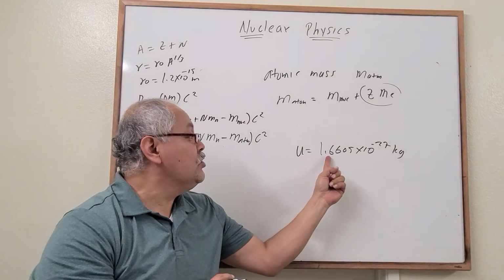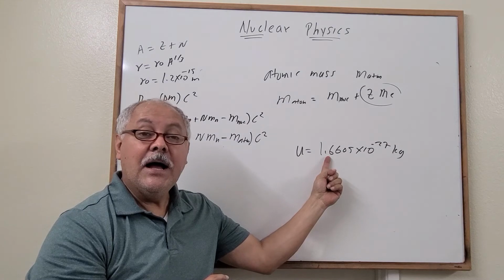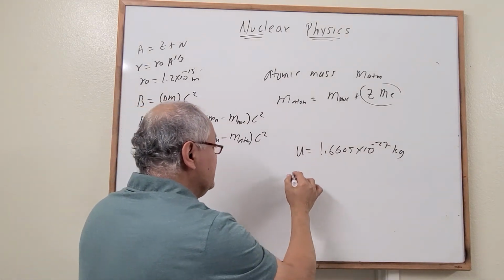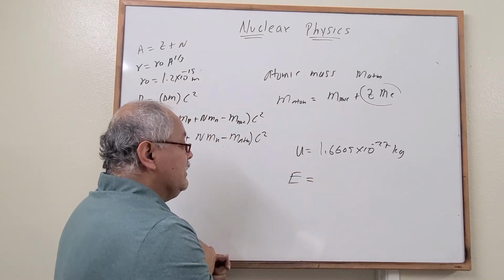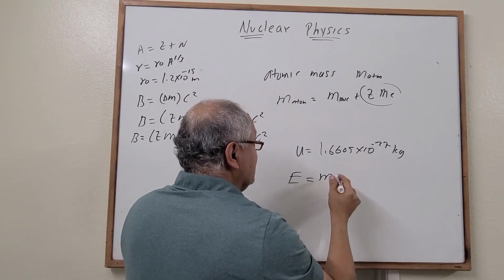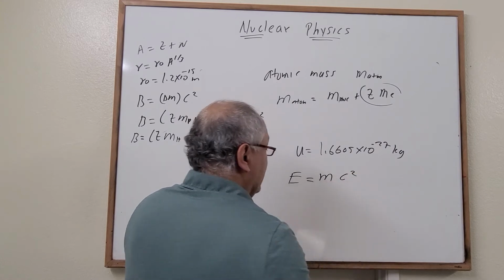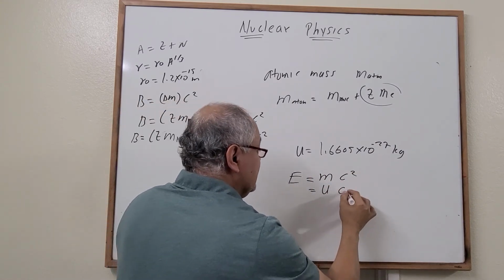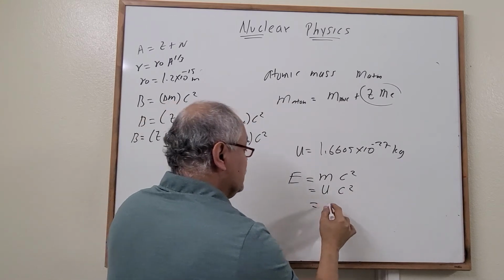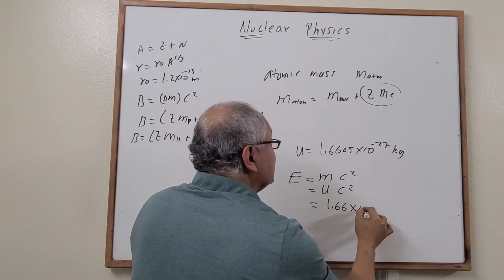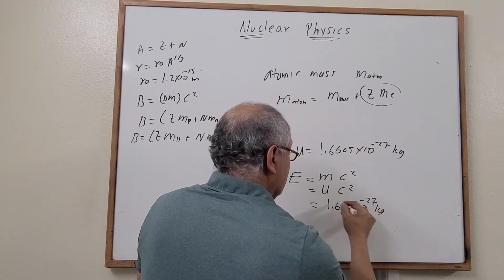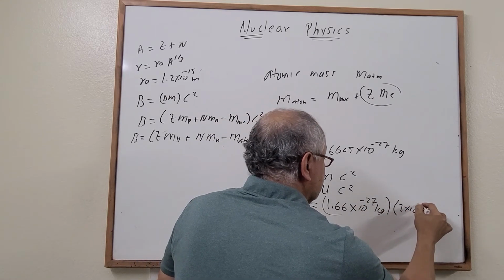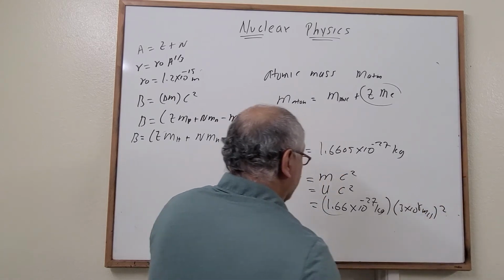Okay, now let's see the energy that is equivalent to converting this atomic mass unit into energy. Let's use this formula: the rest energy is equal to mass times the speed of light squared. In this case, we use atomic mass units as the mass, times c squared. This is equal to 1.66 times 10 to the negative 27 kilograms times 3 times 10 to the 8 meters per second squared.